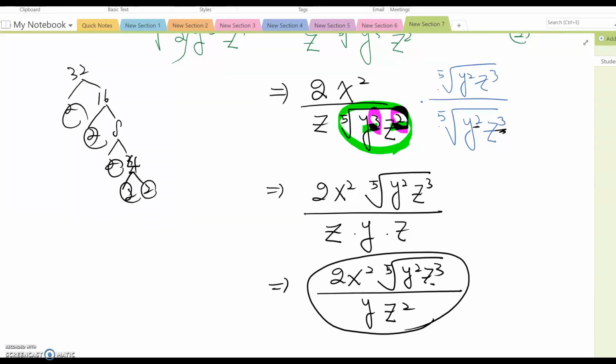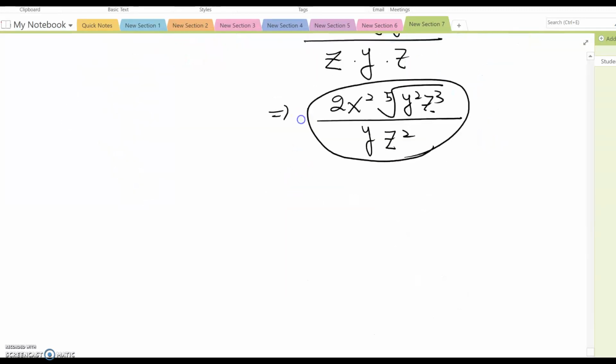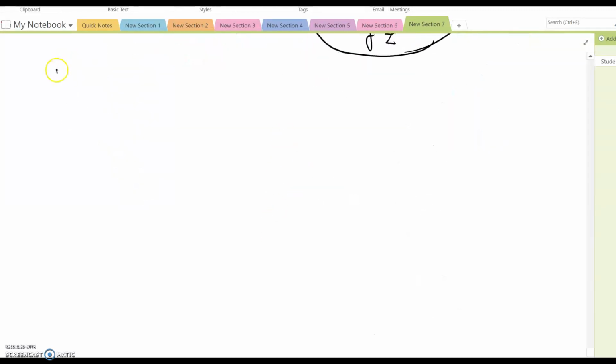Okay, so let's look at a few more problems, such as page 76, letter A. Then you see that 1 over root 3. As we discussed before, we don't want to write the radical form on the denominator.